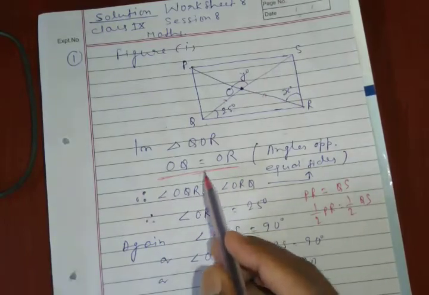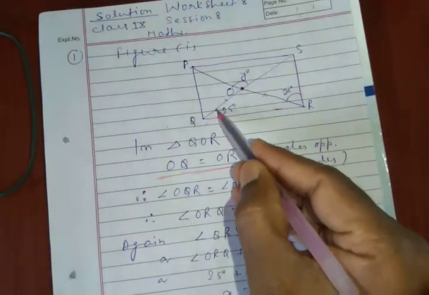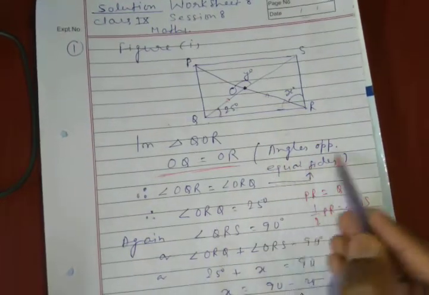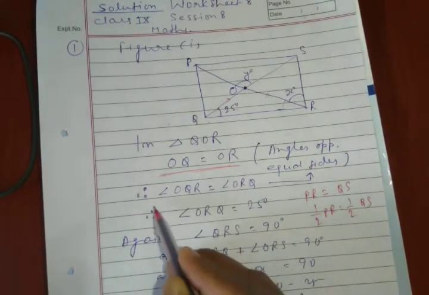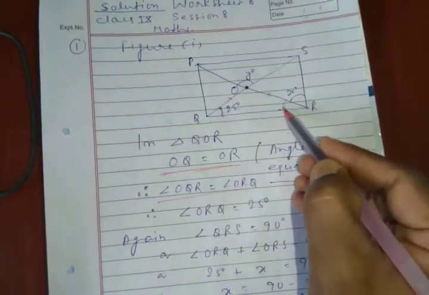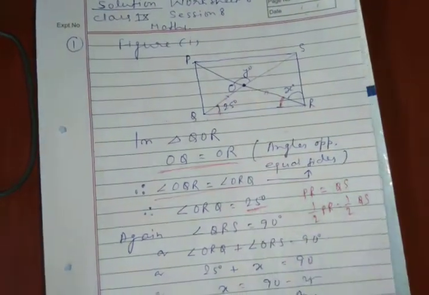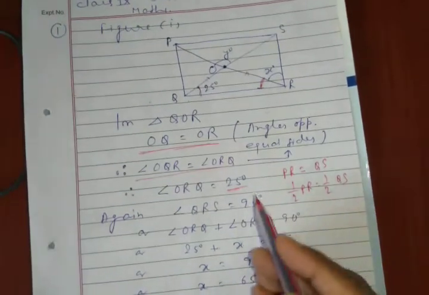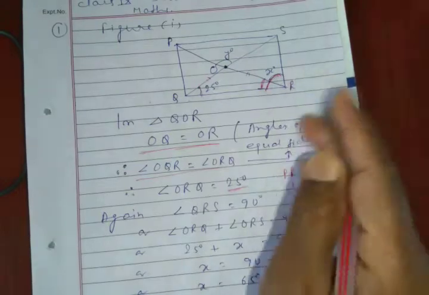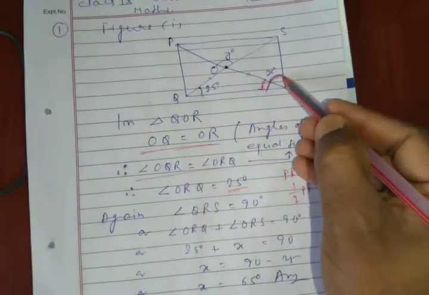And next, when the two sides are equal, then this angle and this angle will be equal. This is again a theorem, that is angles opposite to equal sides in a triangle are equal. So if this is 25, then this will also be 25 degree. And next, this whole angle is equal to 90 degree, because this is a rectangle. So each angle is a right angle here.